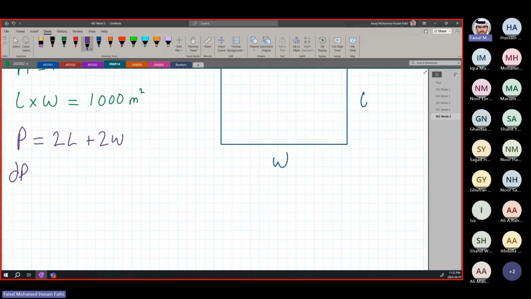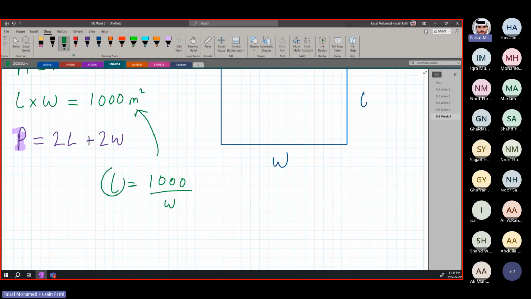So dP by dL or W, which we will see in a bit, is going to be equal to 0. But before we move on to that step, let us solve for either L or W, it doesn't matter. L is equal to 1000 over W.